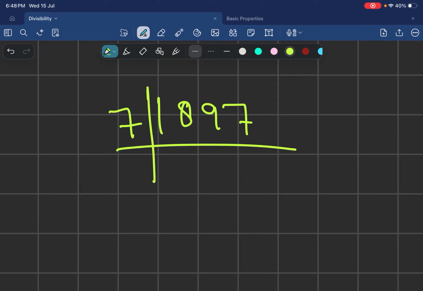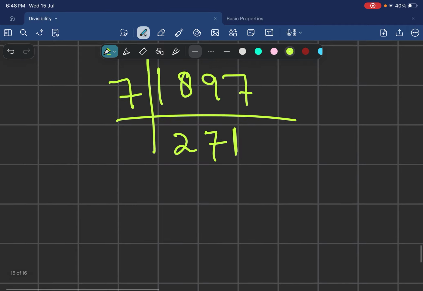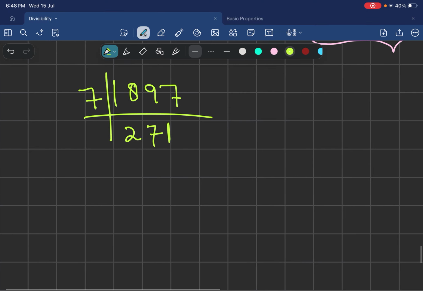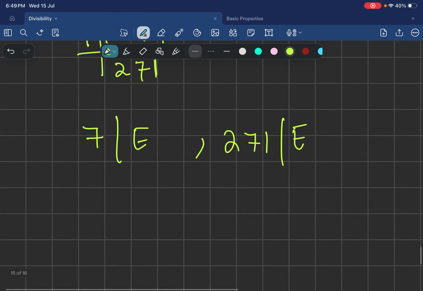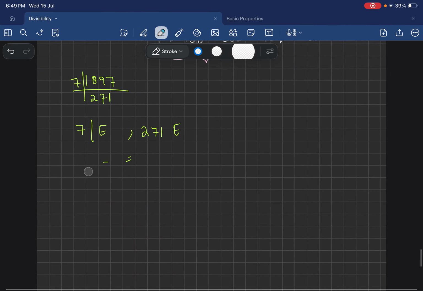So let's check with 7. 7 times 271: 7 nines are 63, 7 sevens are 49, and 7 ones are 7. This is the prime factorization of 1897. If we could prove that 7 divides E and that 271 divides E, then we could say that their product 7 into 271, which is 1897, would divide E.